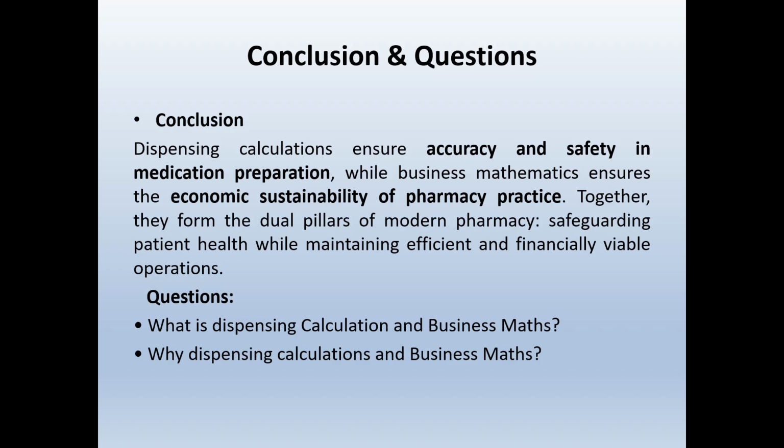What is dispensing calculation and business maths? That's the first one. Second one, why dispensing calculation and business maths? Because they serve a dual purpose of safeguarding patient health and also maintaining efficiency and financial viability of pharmacy operations.